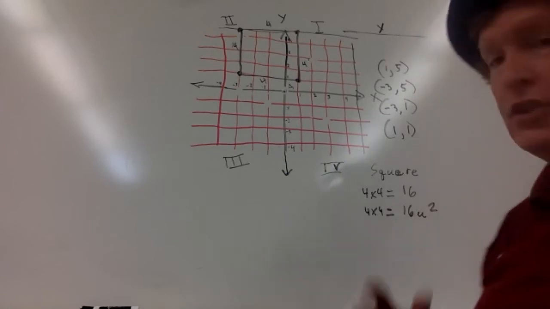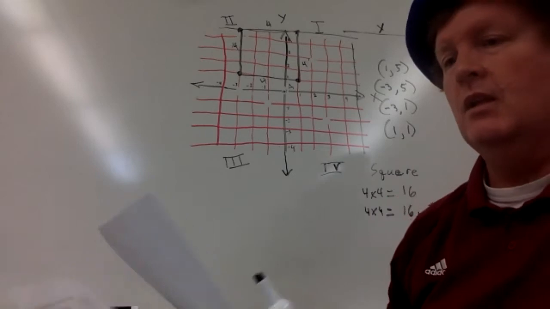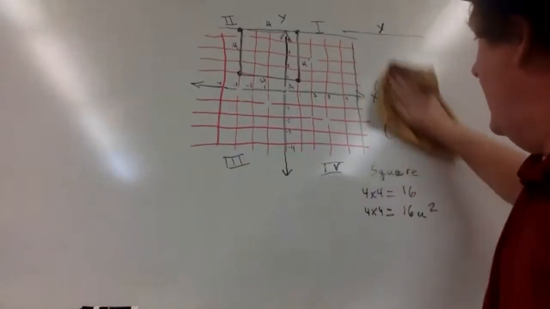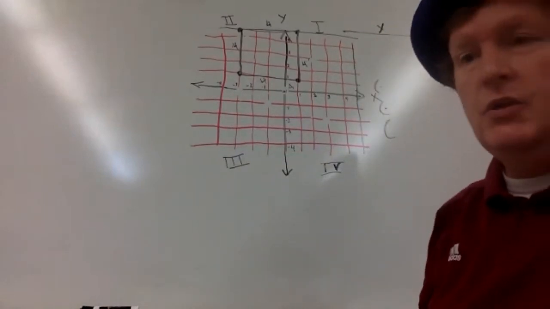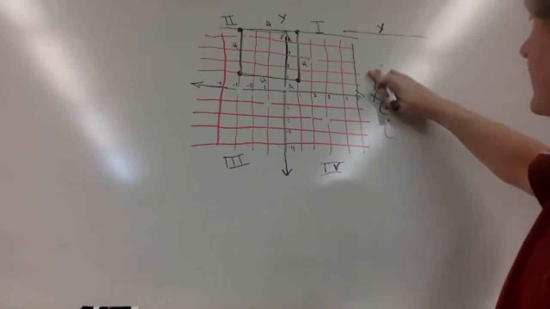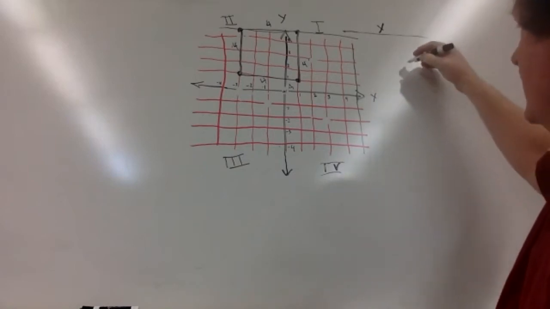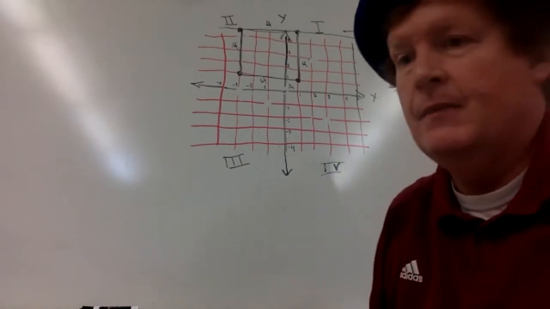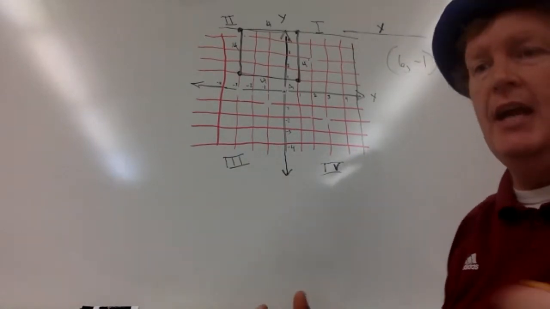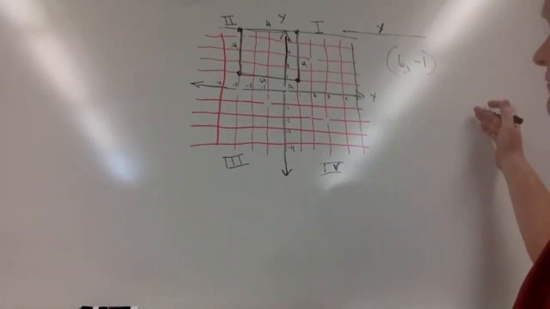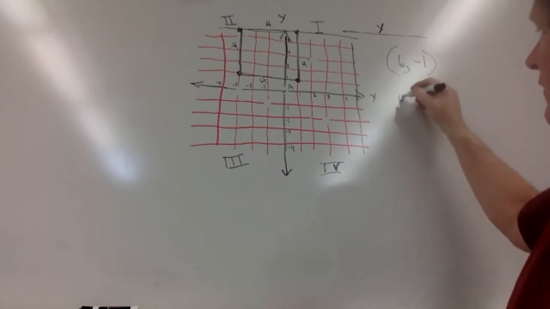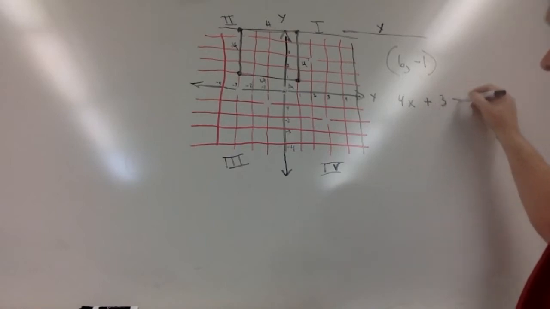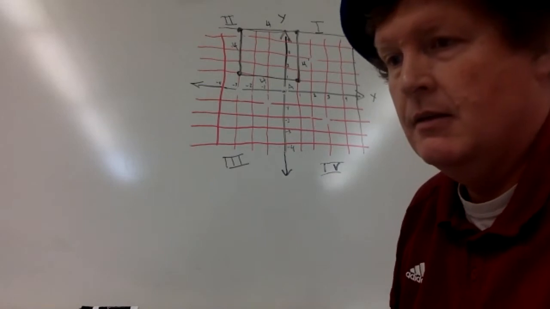Okay. All right. Let's do the next page. Get into that other stuff. Does anybody have a question about when we give you 2 coordinate pairs, like 6 and -1, and then they give you an equation like 4x plus 3 equals, I don't want to do that.